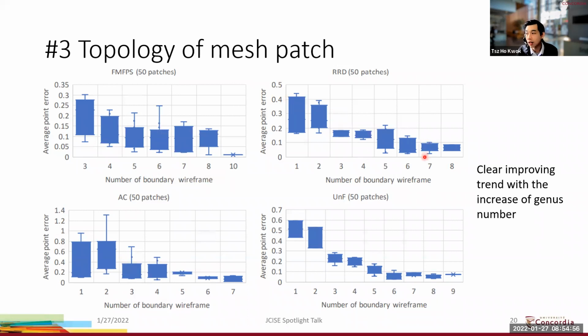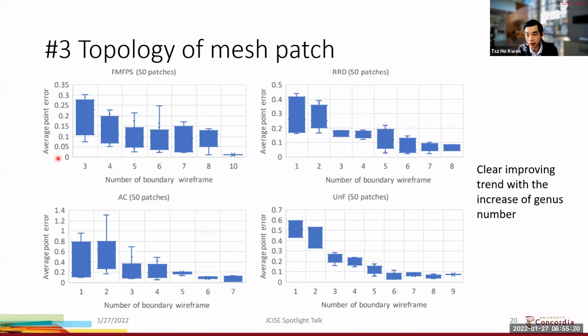Thus, it also agrees with our hypothesis that the larger the genus number, the better the learning performance. We can also observe a big change, let's say from 1, 2 here, and there's a big change at 3. When you get to a genus number of 3, there is suddenly a big decrease of the error for most cases over here.